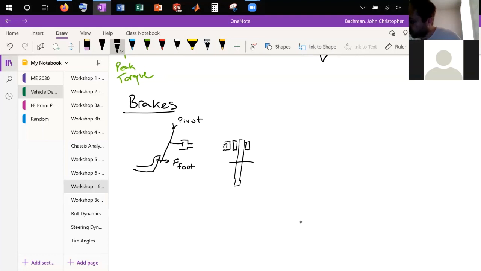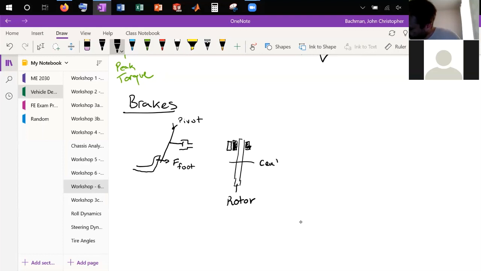What's the best way to draw this piston? There's a trade-off between drawing it exactly how it is and simplifying, so let's say this is your brake pad. This is your rotor or your disc brake.